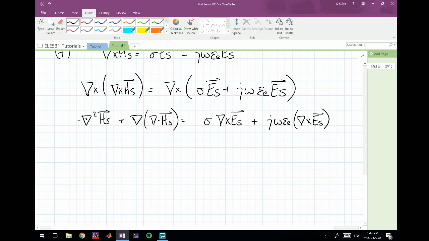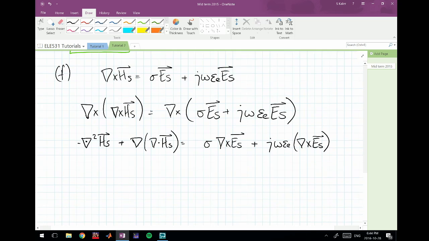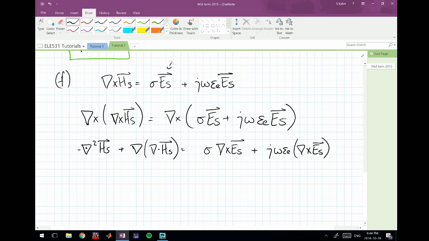He did it differently. Why is he doing it that way? Essentially what he's doing is, see how I've substituted in sigma E here? He leaves it as J, then takes the curl of that and brings it to the other side.